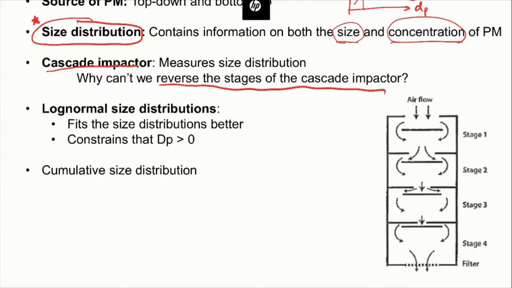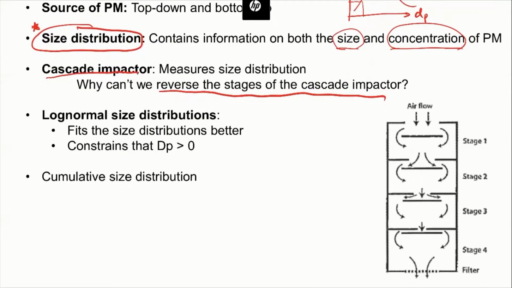When you use a cascade impactor, I have some demonstrations of it in my lab. They will specifically label the stage numbers, 1, 2, 3, 4, 5, or A, B, C, D, E, F, G, so you have to arrange those stages in order. Otherwise, you will just lose the size information.